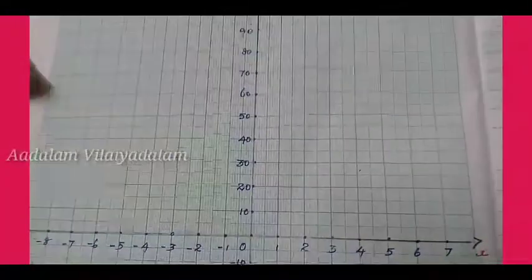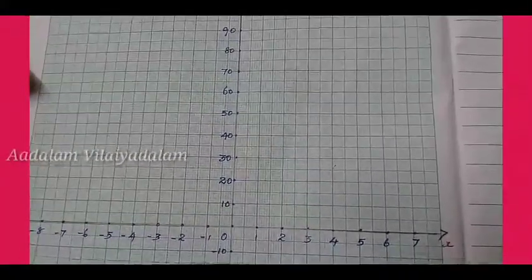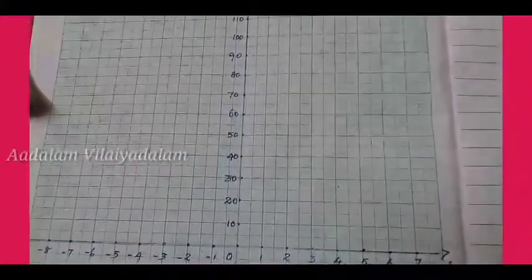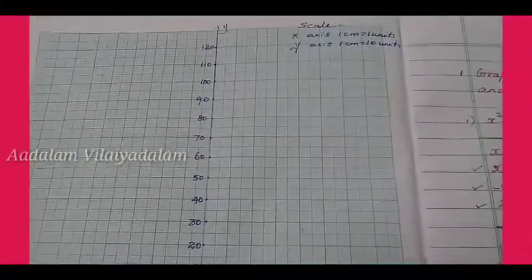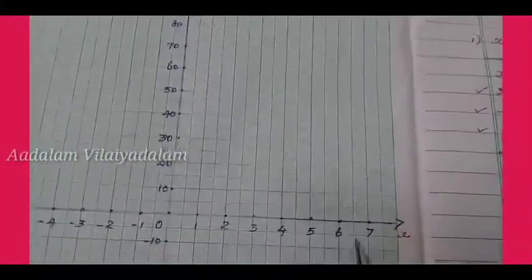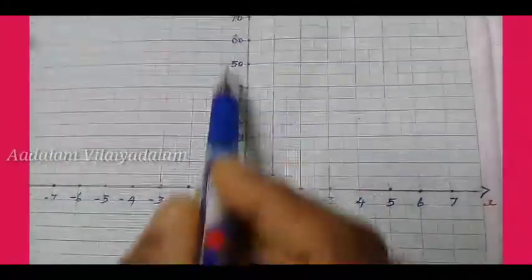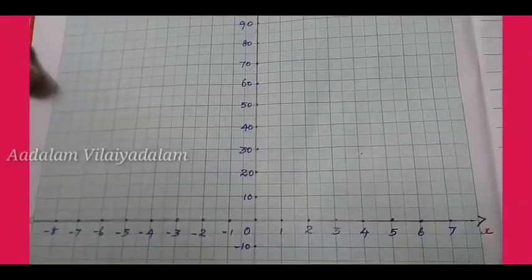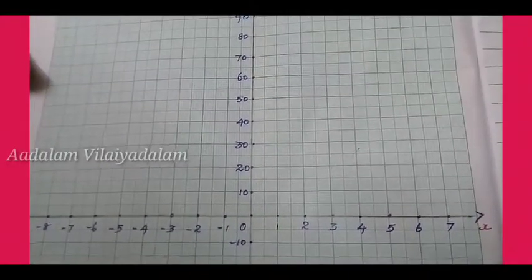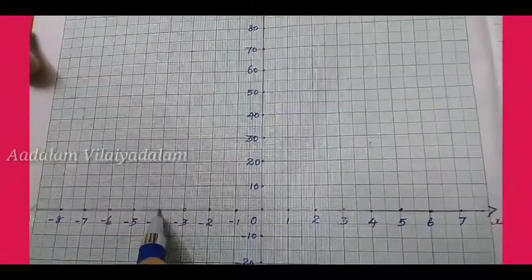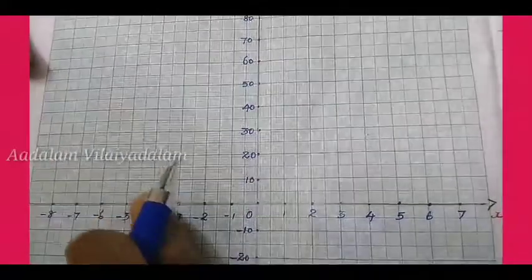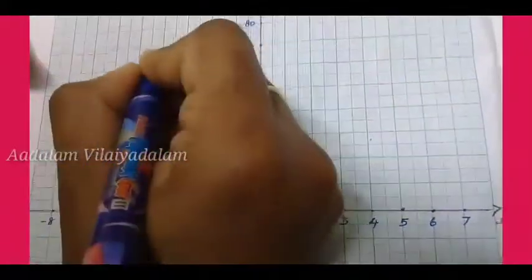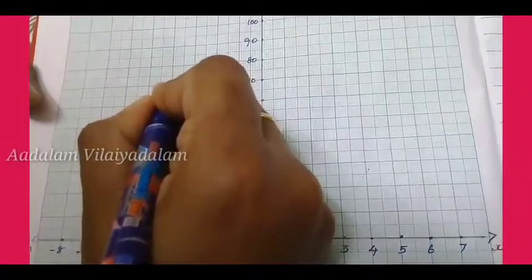Draw the axes, x dash and y dash. On the x axis 1 centimeter equals 1 unit, and on the y axis 1 centimeter equals 10 units. The first point is minus 4 comma 72. On the x axis minus 4, on the y axis 72; this is 70 here, and 72 is the next point.